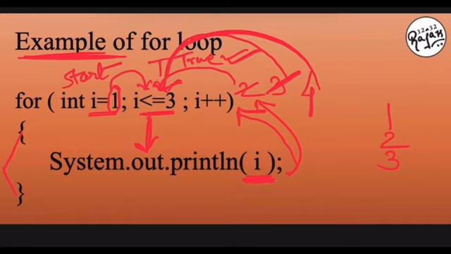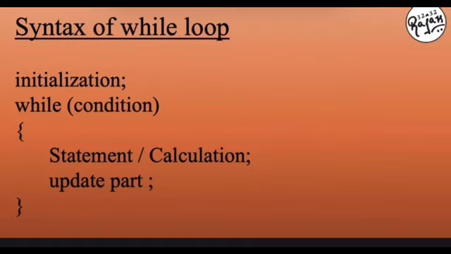No, the condition is false. So you are finally out of the body of the for loop. You are out and the loop gets over, and here is the output which you are getting due to this for loop. Now let's get started with the syntax of while loop.